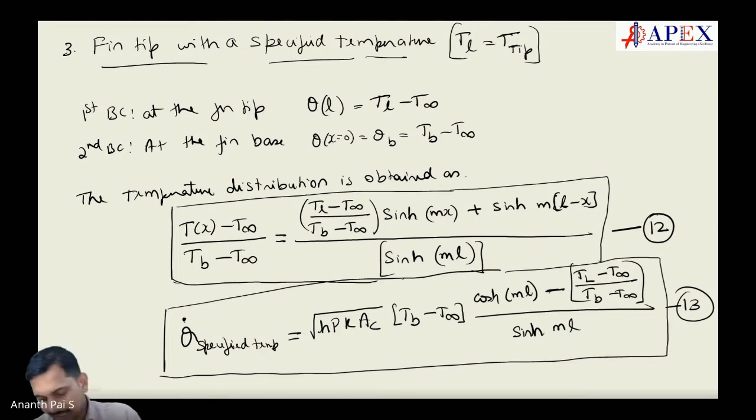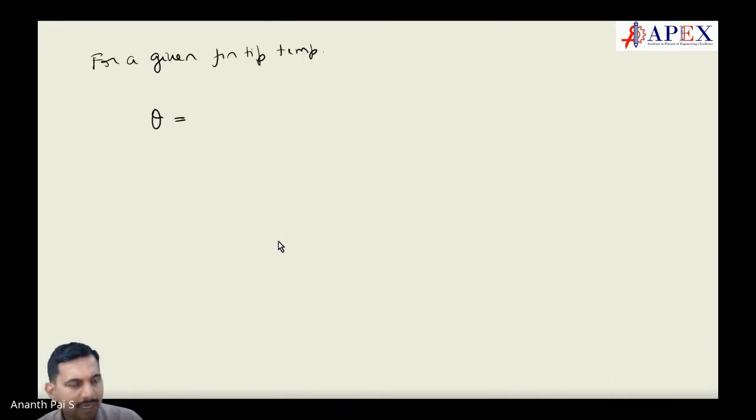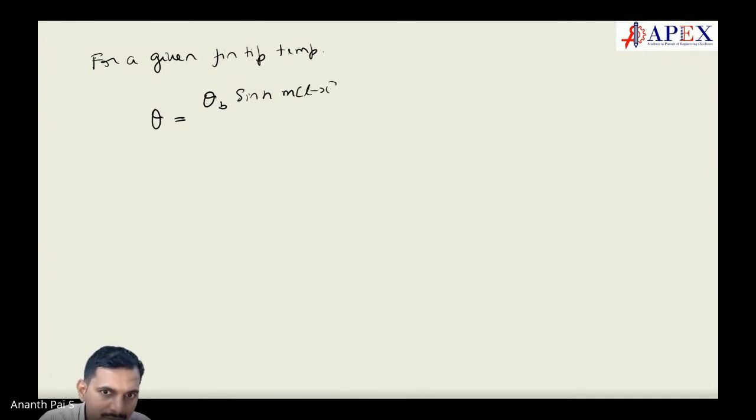I can write that equation as theta is equal to theta at the base, theta b, or theta at end 1, which is the same, into sinh of m(L minus x), or sinh of mx, as we have said, plus theta at the other end.